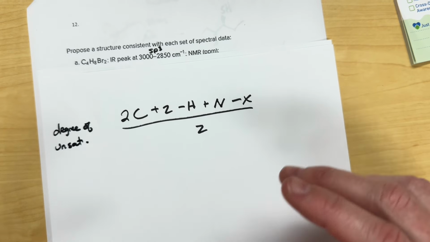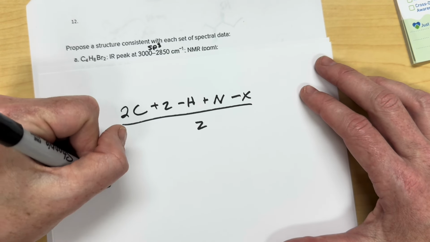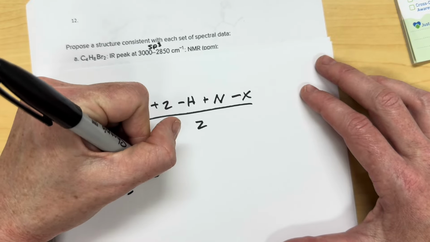Remember, a degree of unsaturation is equal to a double bond or a ring.